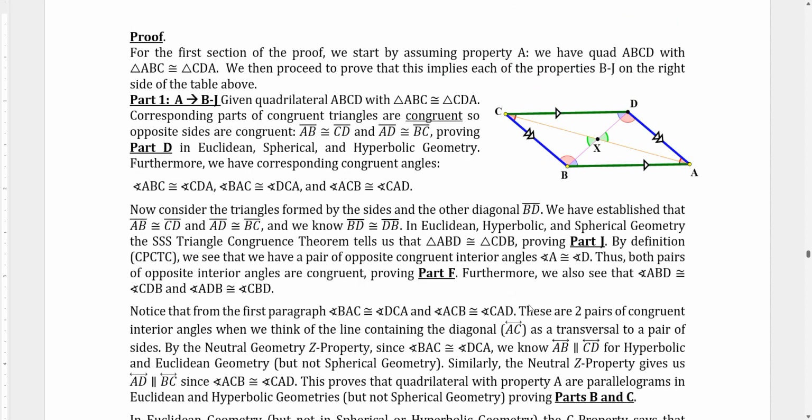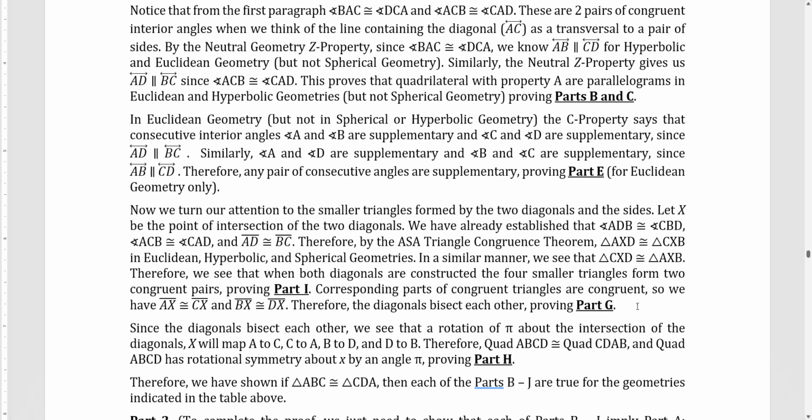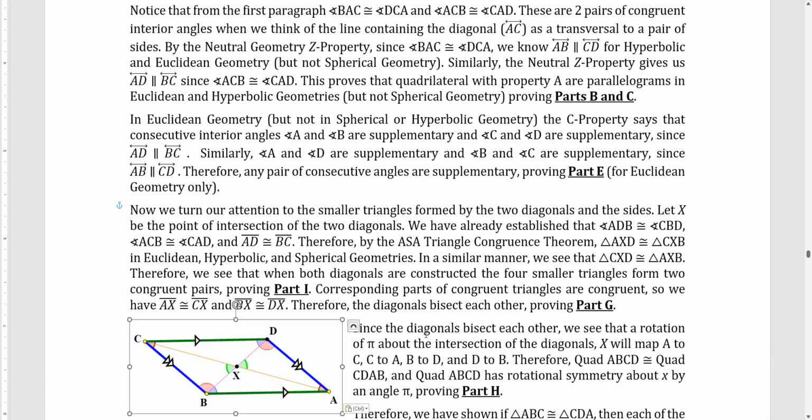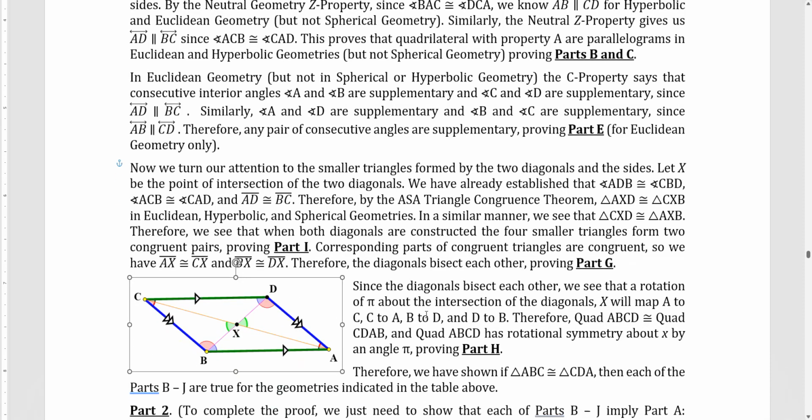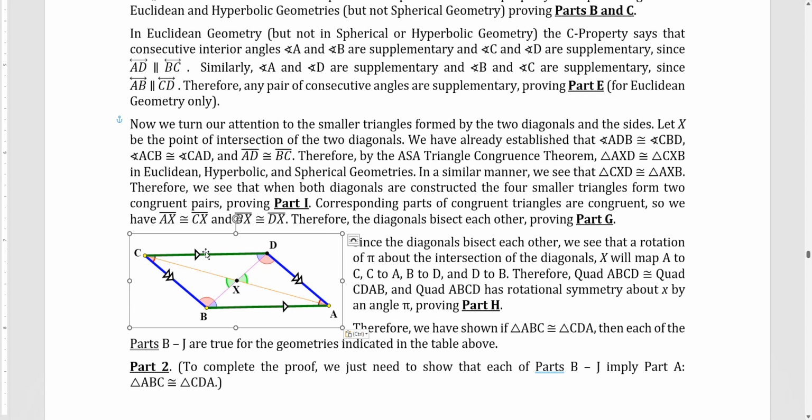Now let's turn our attention to these smaller triangles here. Just to pull the picture down so we can see it. Here are our smaller triangles, like CXB and DXA, and then also the ones down here, BXA and CXD.